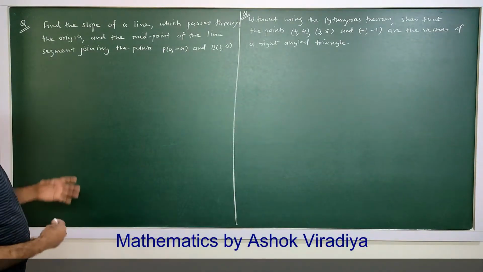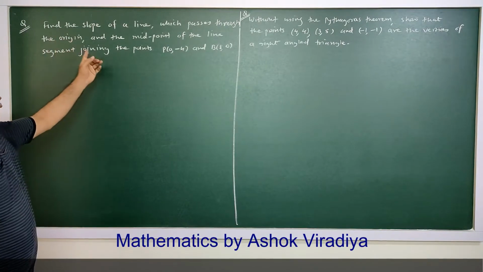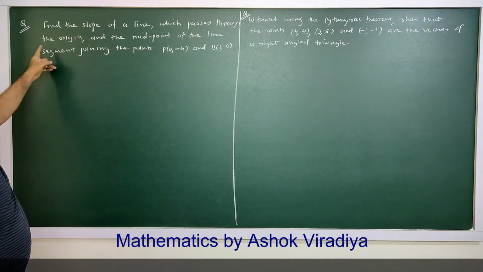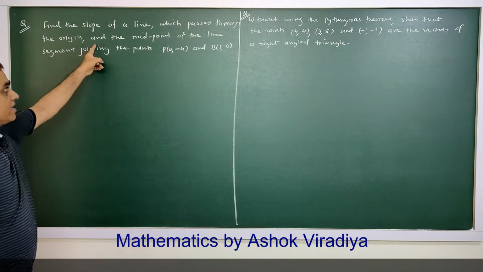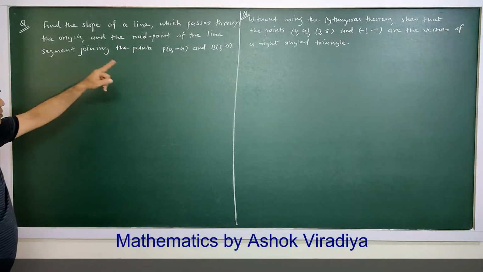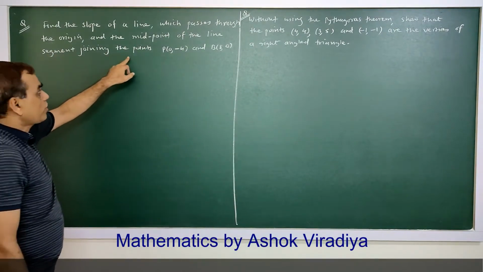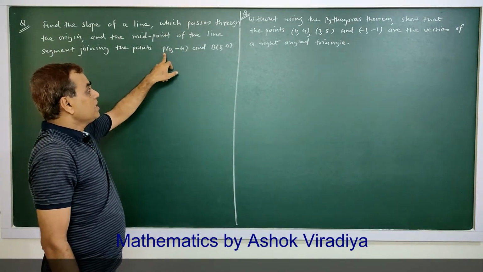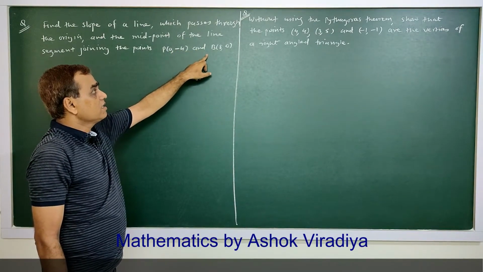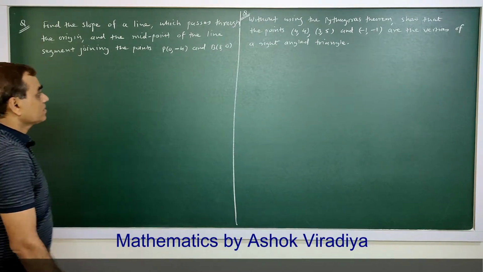Now the question is: find the slope of a line which passes through the origin and the midpoint of the line segment joining the points P, whose coordinates are 0, -4, and B, 8, 0.